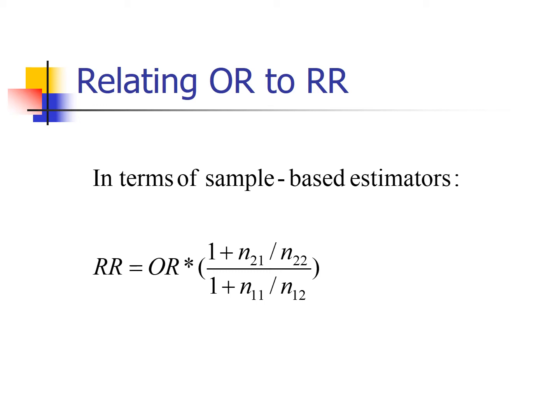That's going to be close to 1. And so the risk ratio is close to the odds ratio. So what can we observe? We can observe that these numbers are certainly not the same. There is this difference factor. But when we're dealing with an event that's very unlikely or very rare, the risk ratio and the odds ratio will tend to be very close to one another.